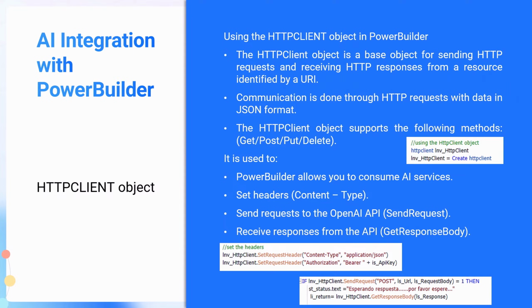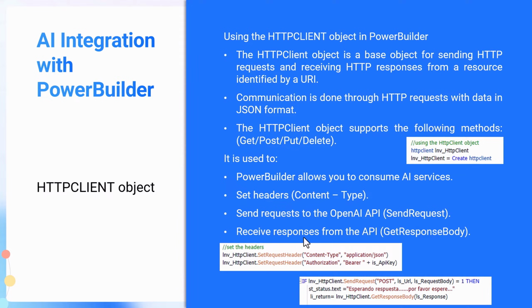In order to do that, we are going to use the HTTP client object. As you know, the HTTP client object is a base object for sending HTTP requests and receiving HTTP responses from a resource identified by a URI. Communication is done through HTTP requests with data in JSON format. Okay, HTTP client supports the following methods: get, post, put, and delete.